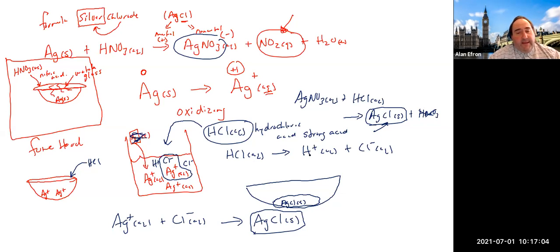So the question may be, how does this help us get to the actual formula for silver chloride? What we are left with at this point, I'm going to swap a page here. At this point, after we have added the nitric acid and the hydrochloric acid, we're sitting with an evaporating dish that has some silver chloride solid in it.